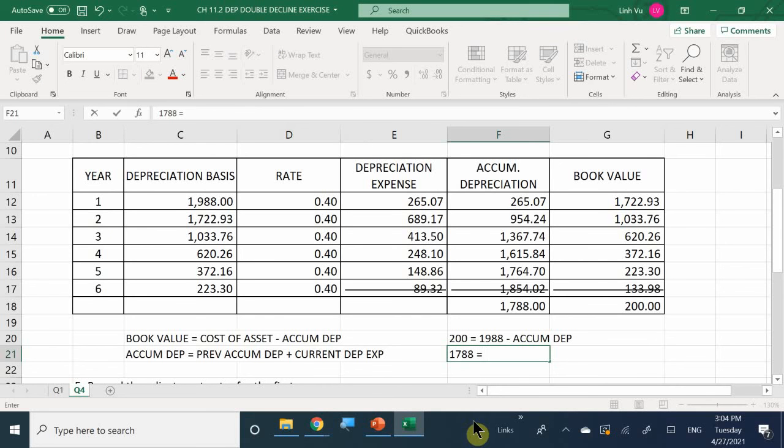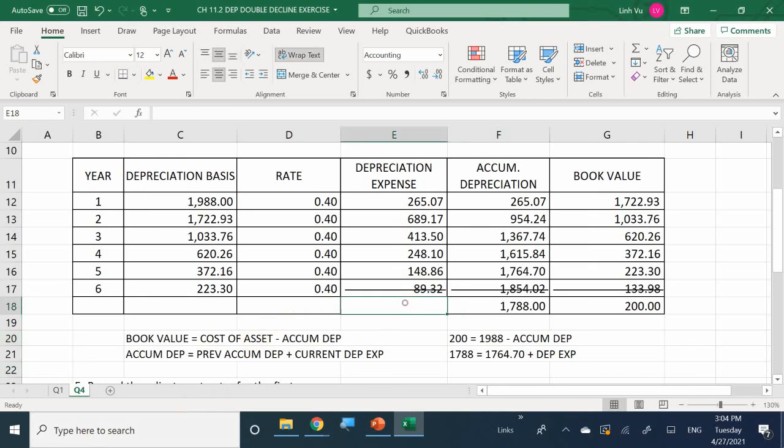Do I have my previous year's accumulated depreciation? 1764.70. So I need to solve for my depreciation expense, which in this case is 23.30. 23.30 is what's going to be replacing this.